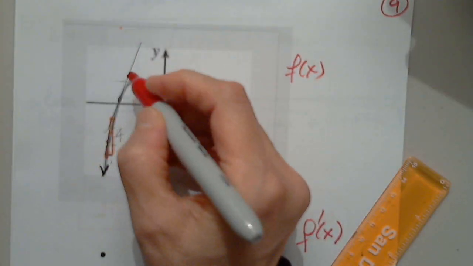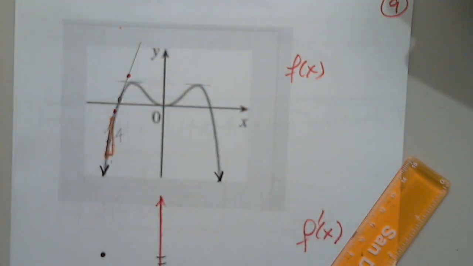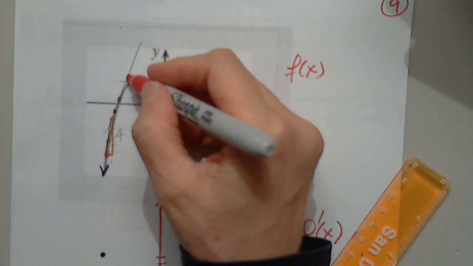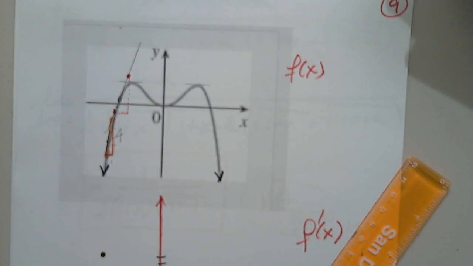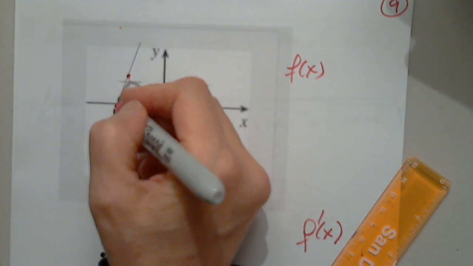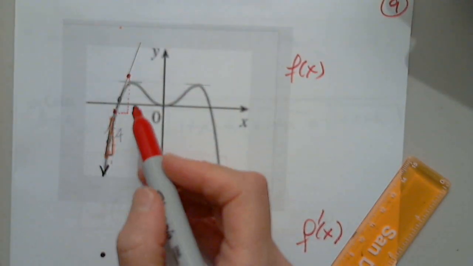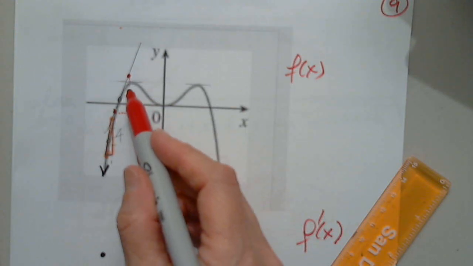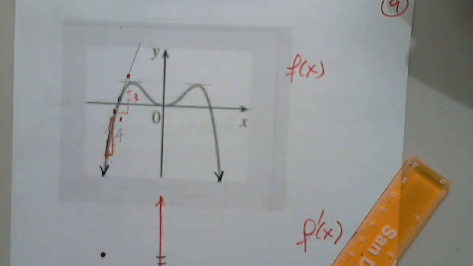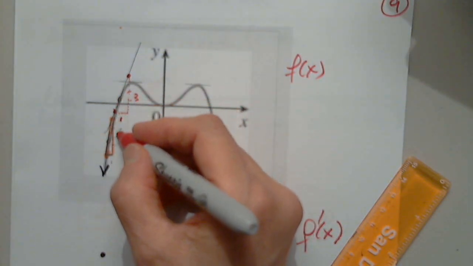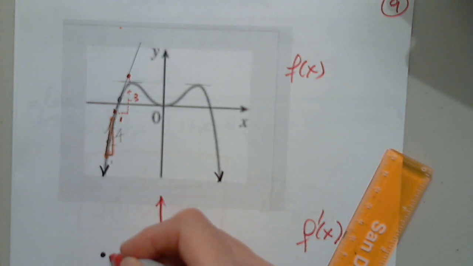So I'm going to choose this point on the tangent, and I'm going to form a right triangle to determine the slope of this tangent now. I think that if this is 1, this is 3. So then at this point, I have 3.